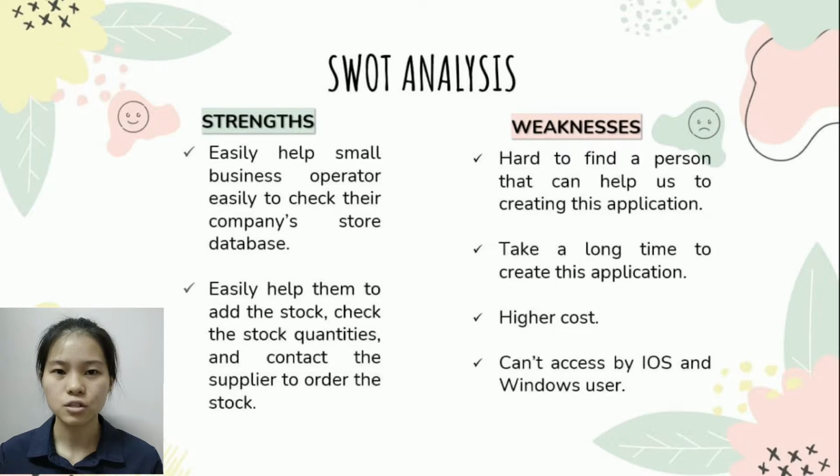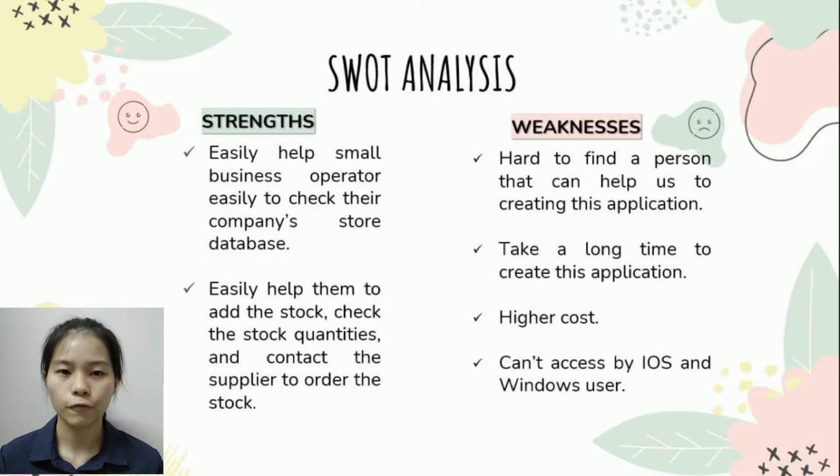Second is weakness. As you can see, there are 4 problems that we faced in the process of creating the smart inventory application. It is too hard to find a person who can help us create this application because it is not easy to create. Another problem is that it takes a long time to create this app, so we cannot get this application immediately.